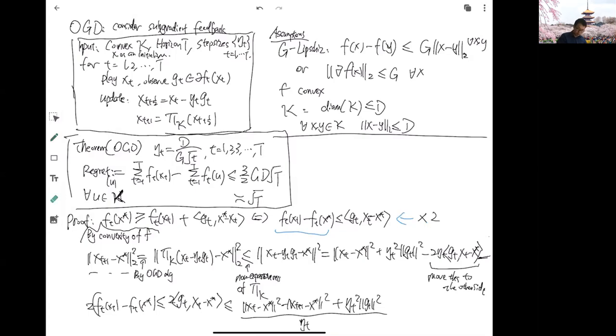So that would be simply this, and then we can drop this square term here.